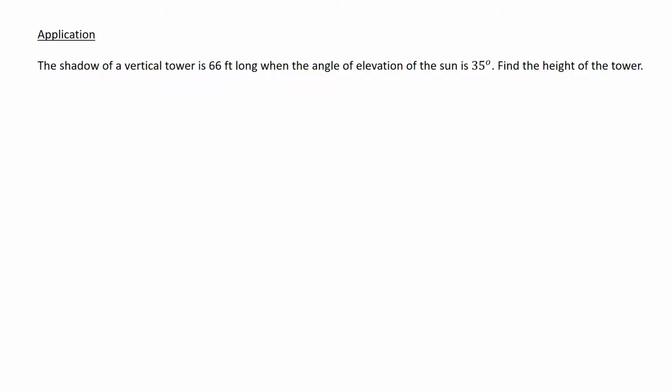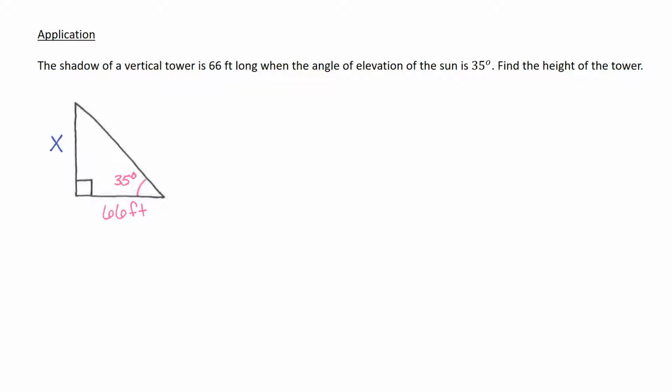Now let's consider this application problem. The shadow of a vertical tower is 66 feet long when the angle of elevation of the sun is 35 degrees. Find the height of the tower. First, let's draw a picture. The vertical side represents the tower. The shadow is cast along the ground, so the horizontal length is 66 feet.